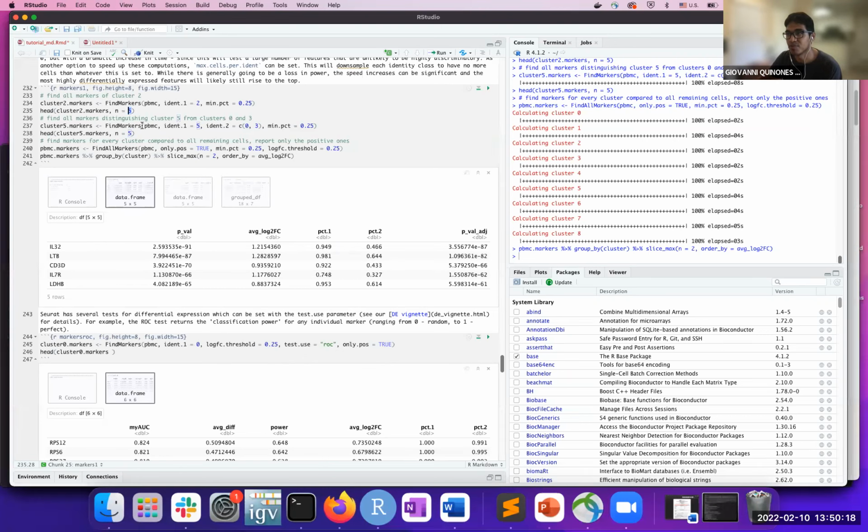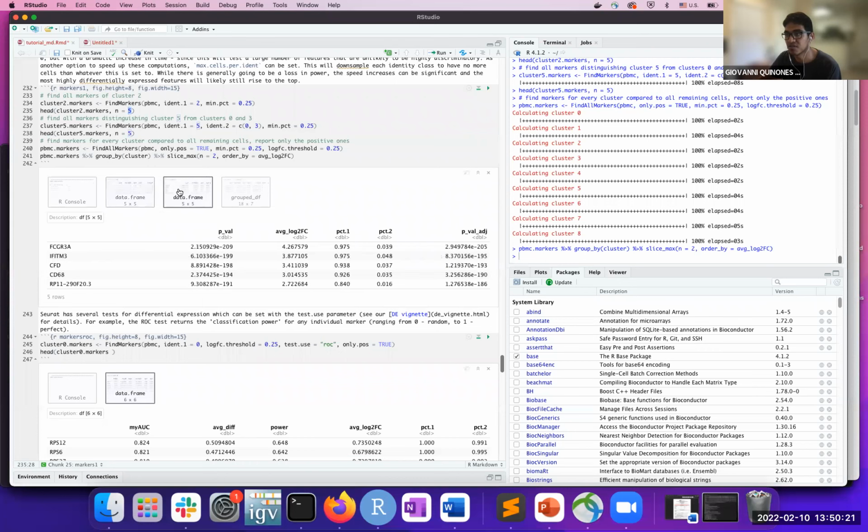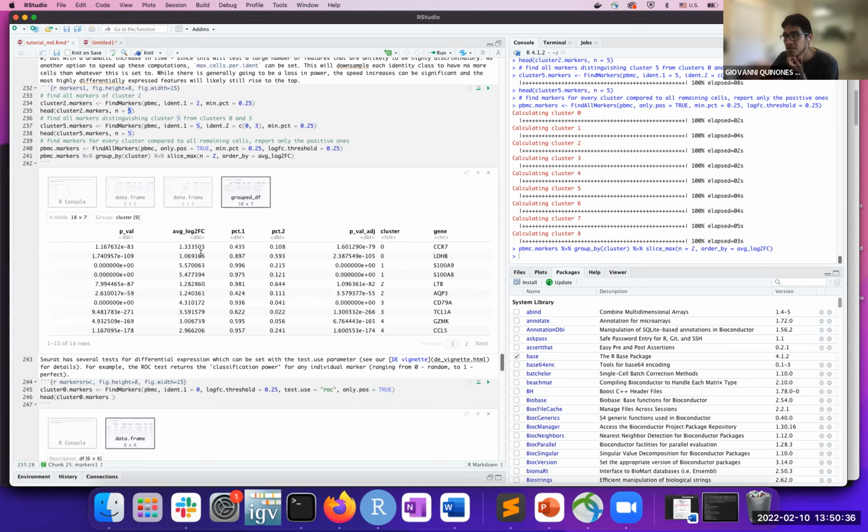We can look at the output for the second line of code, which is the same idea. We're just looking at cluster number 5. These are our marker genes for cluster number 5. We have our p-value, and these are the parameters. Lastly, this is the output we get when we run the function find all markers, which finds the markers for all the clusters.